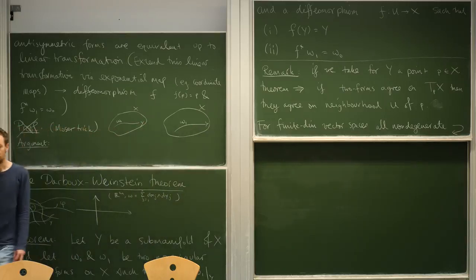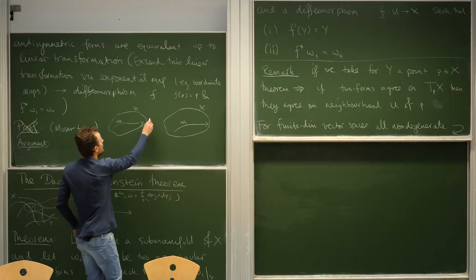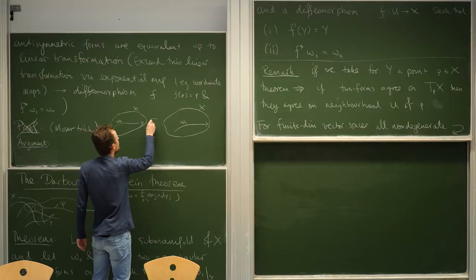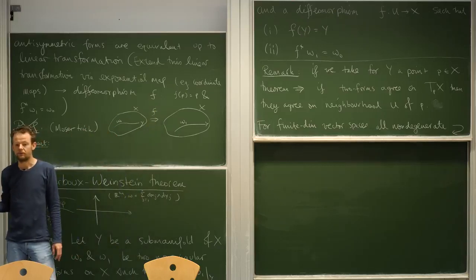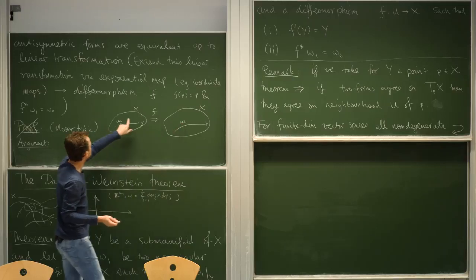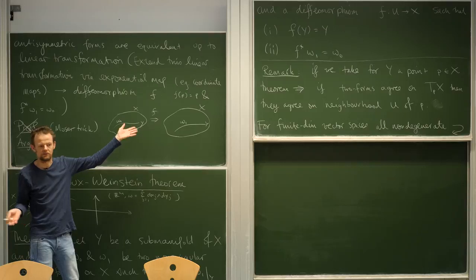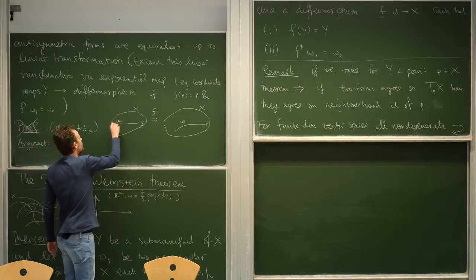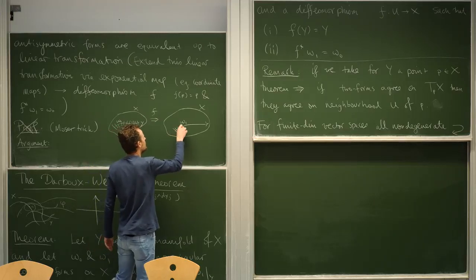And what we want to do in this argument is find a map F which pulls this form back to this form, not only on Y, where it's kind of trivial, because they already agree on Y, but in some neighborhood around Y.